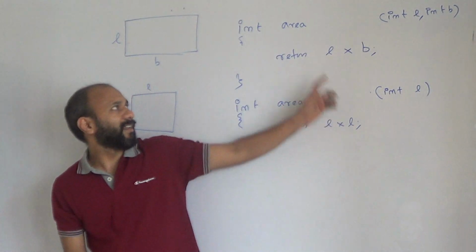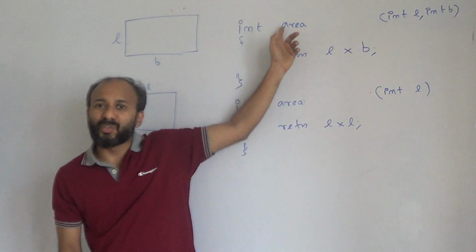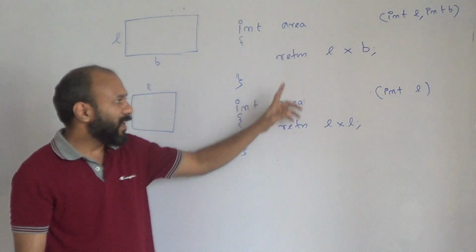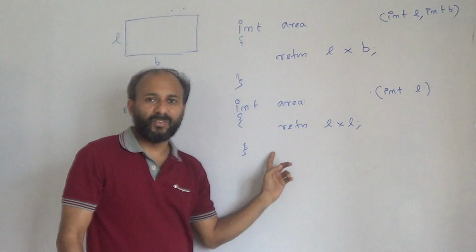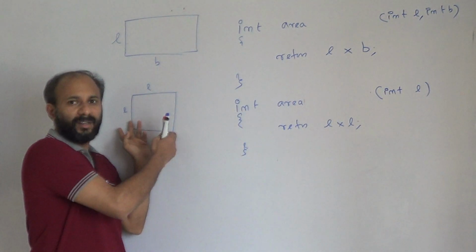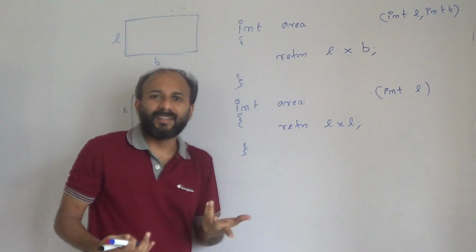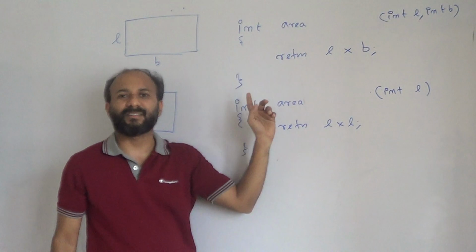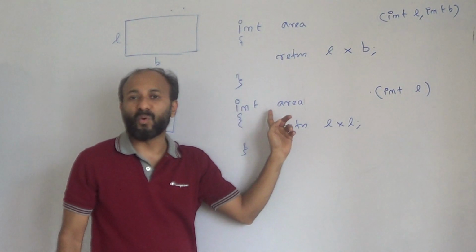The same way, this function name is going to do multiple things. It is going to calculate the area of the rectangle as well as the area of the square. So this function is telling like, boss, I am getting overloaded. So you can say this is an example of function overloading.